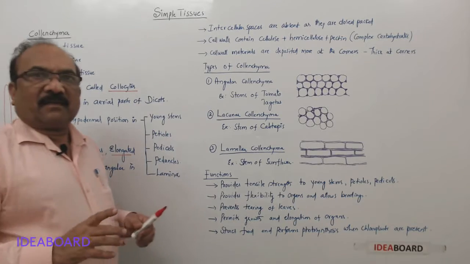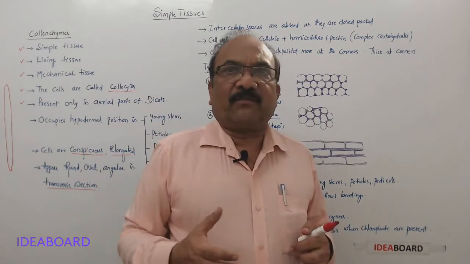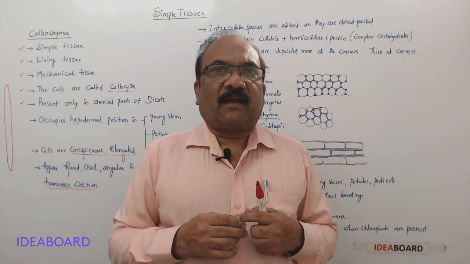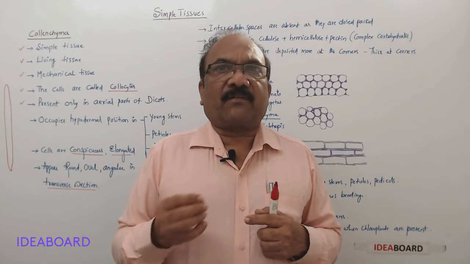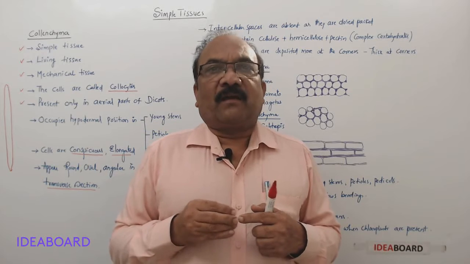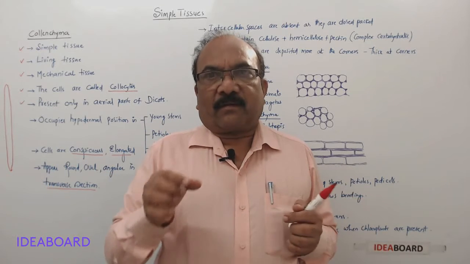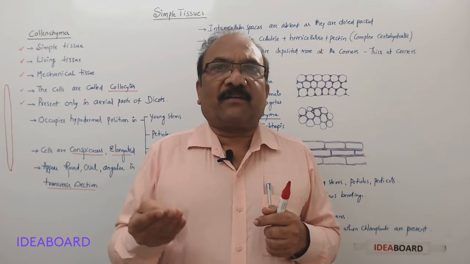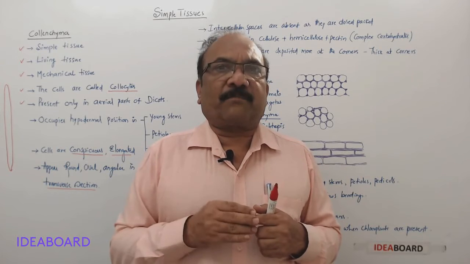Actually, you know that in anatomy, we take transverse sections, which is called section cutting, and after staining, we keep the section over a glass slide and cover it with a cover glass or cover slip.